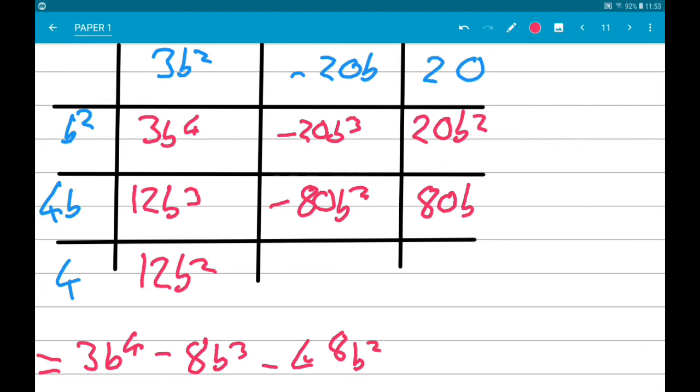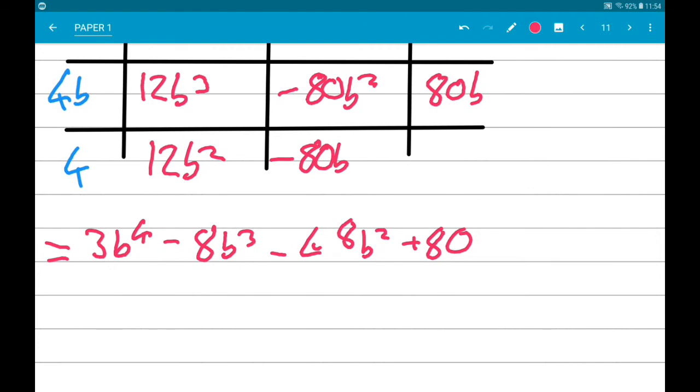Okay, and then we're going to get 4 times minus 20b, so that's minus 80b. So the b terms cancel, and then finally 4 times 20 is 80. Now that is what we wanted, so we can chuck in a cheeky little QED. Quite enough done.